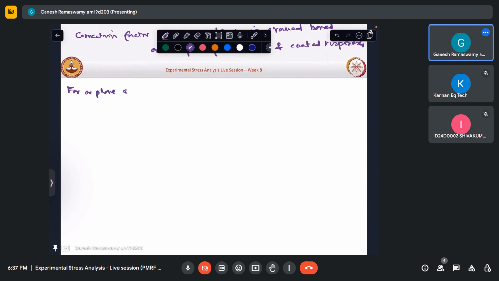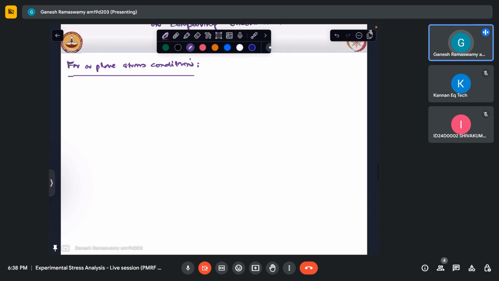Let us say that we are assuming a plane stress condition. So for a coating, we know from the generalized Hooke's law that strains can be expressed in terms of stresses. Let us say that there are stresses in two directions only, so only planar stresses.